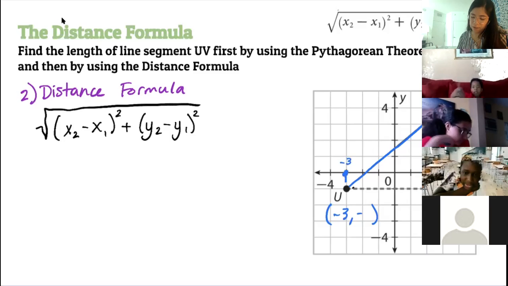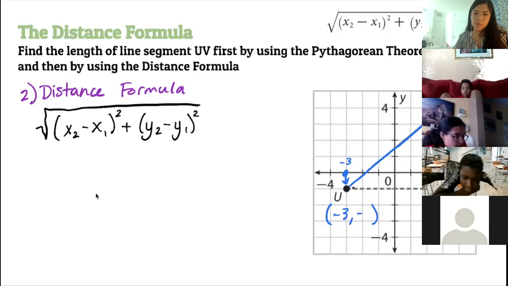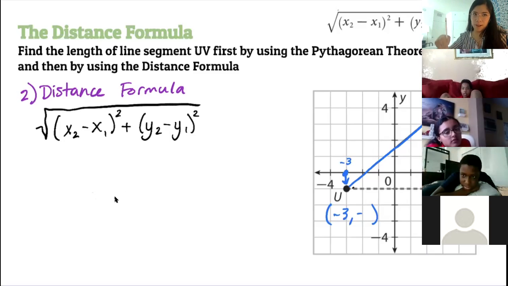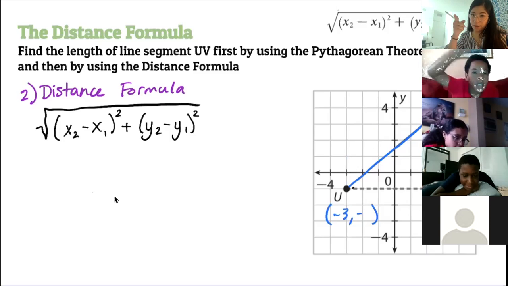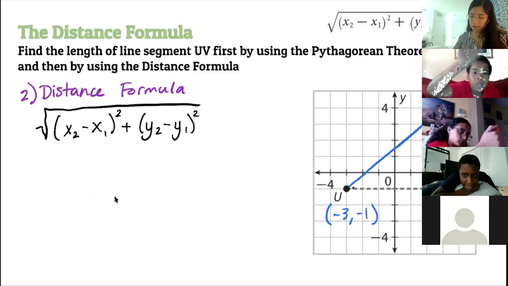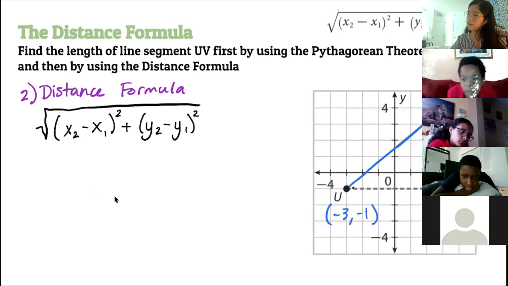Now from there, you got to go down 2. And we only went down by 1, so it's -3, comma, -1. Okay, we're going to review that. I'm going to give you a little bit of homework on that. Okay, and then Daniel, what's the coordinate point for V? 3, comma, 4. Good. Awesome.